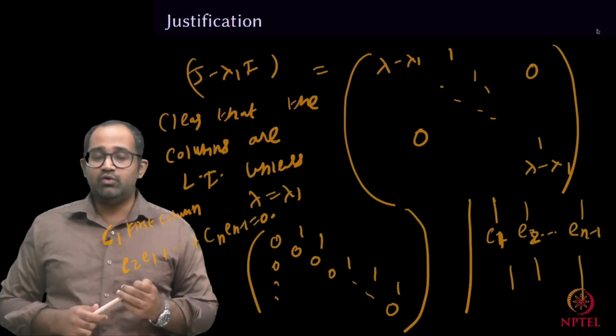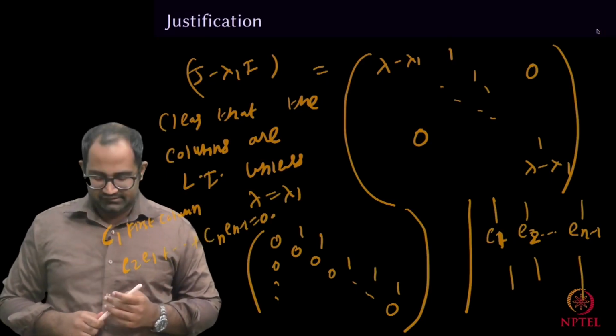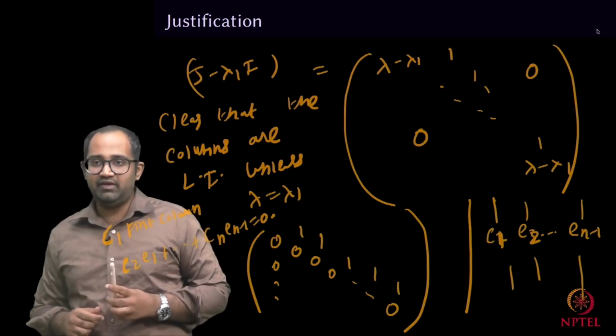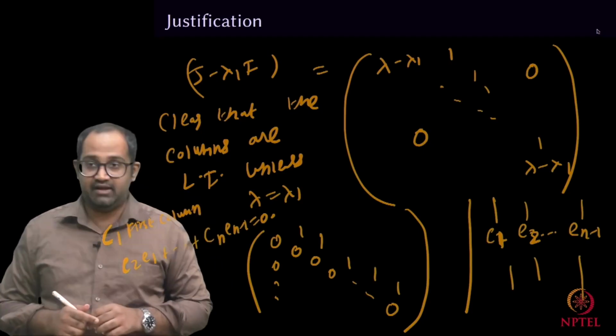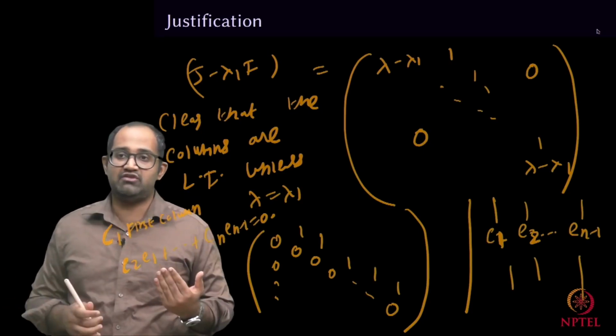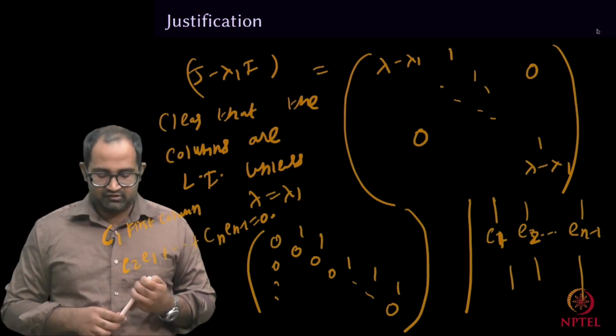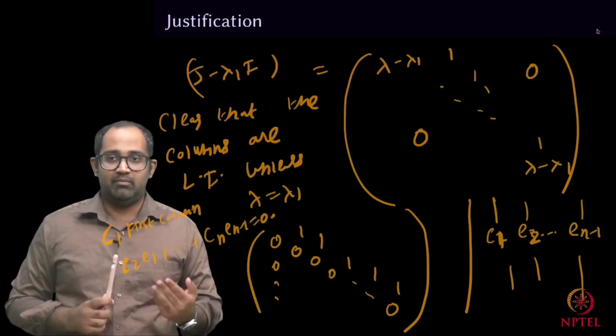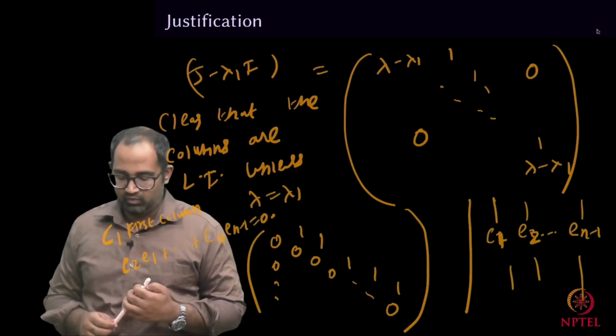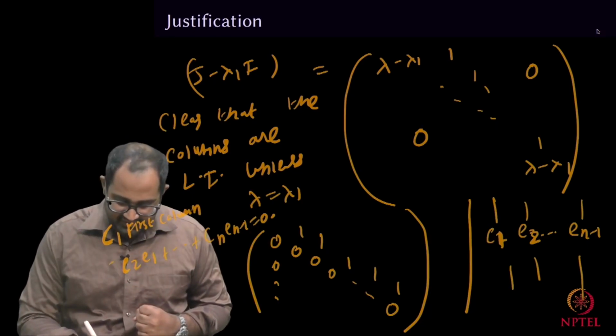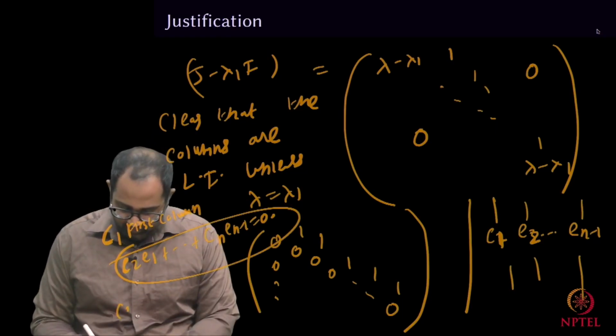So when you do J minus lambda I times v, where v is C1 to Cn, you get a linear combination of the columns of J minus lambda I, and that's just going to be C2 e1 plus dot dot dot Cn e_{n-1} equal to 0. But this is linearly independent, so that means C2 to Cn has to be 0.